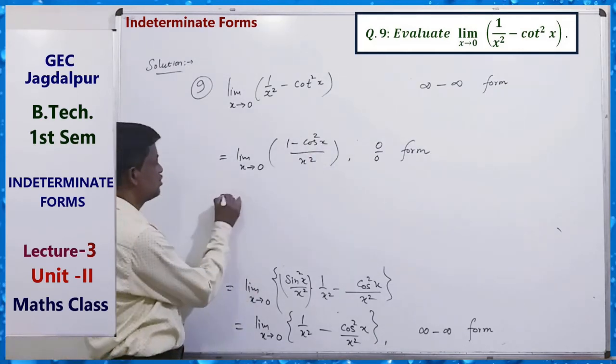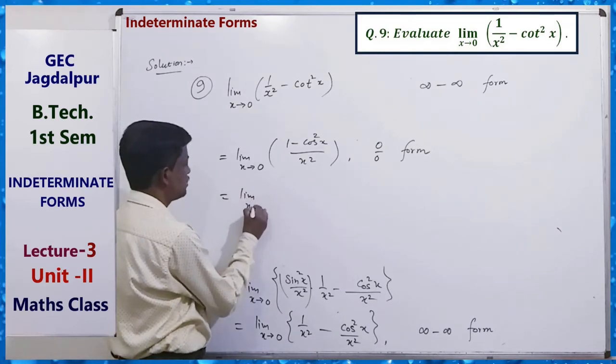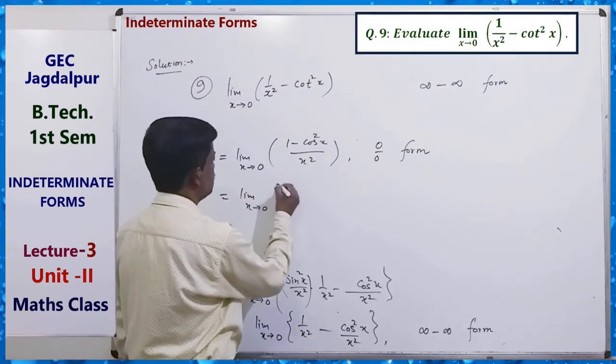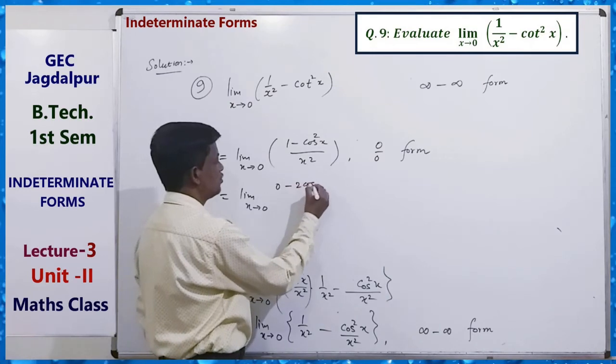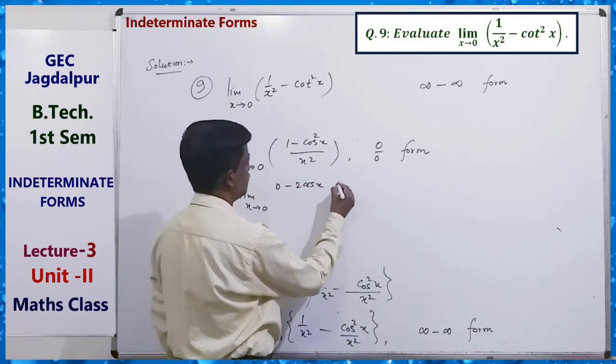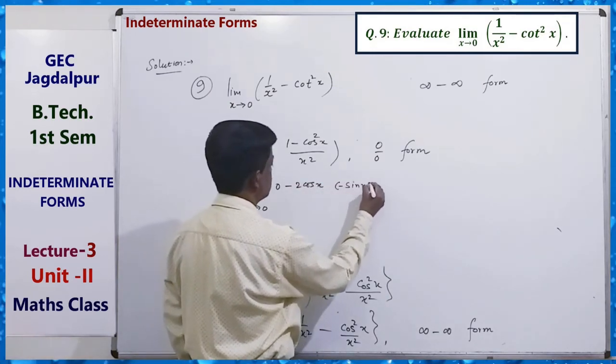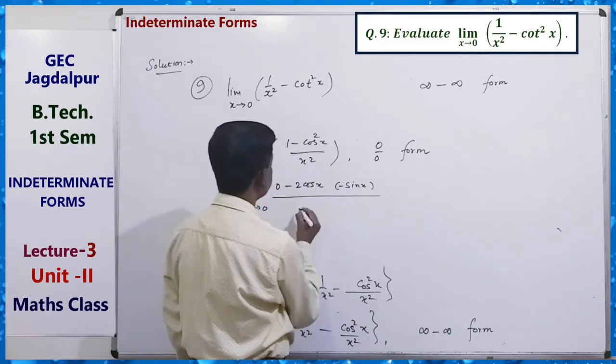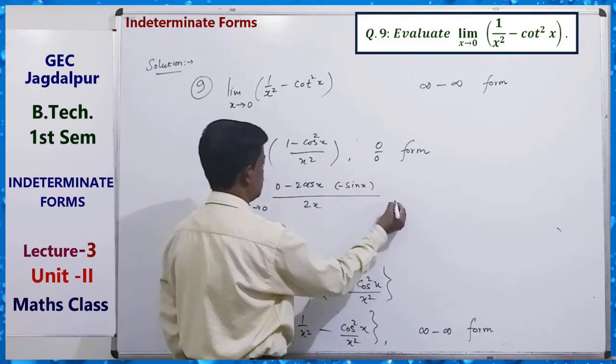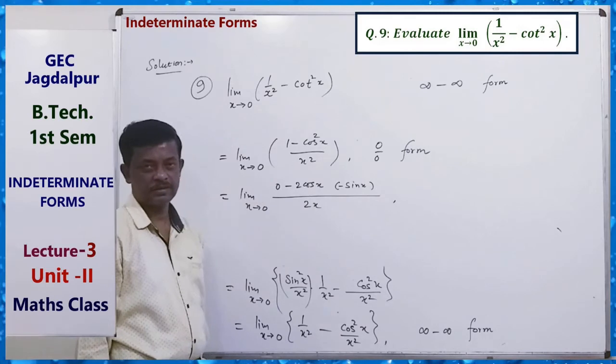So use L'Hospital's rule. Limit x tending to 0 of 0 minus 2 cos x times minus sin x upon 2x. Clear?